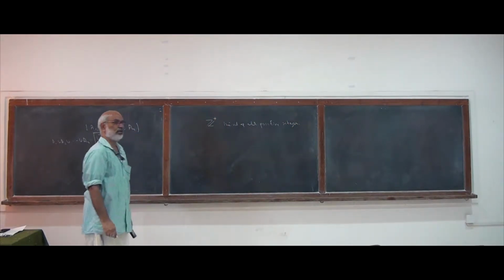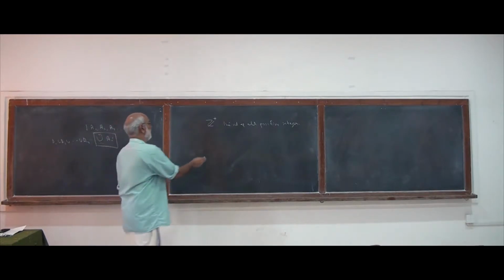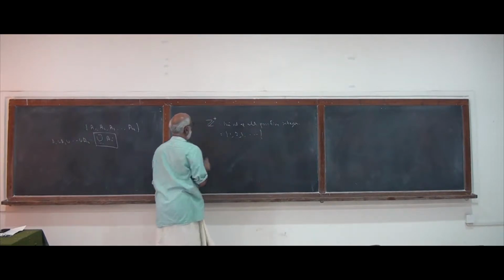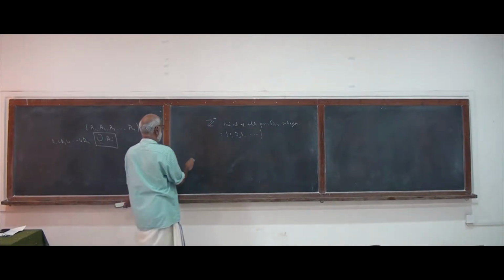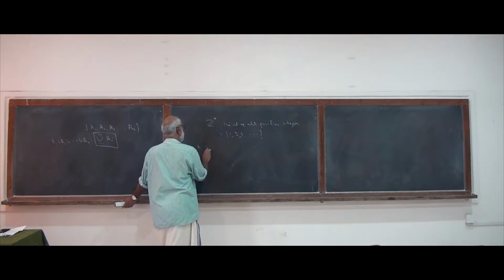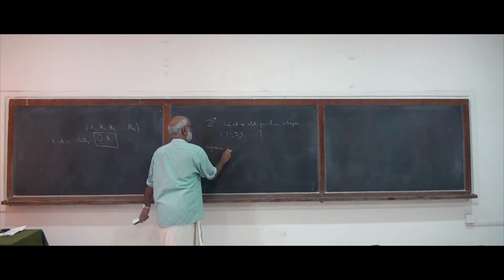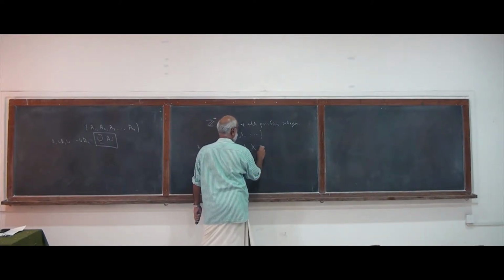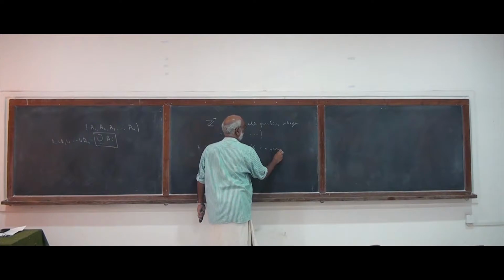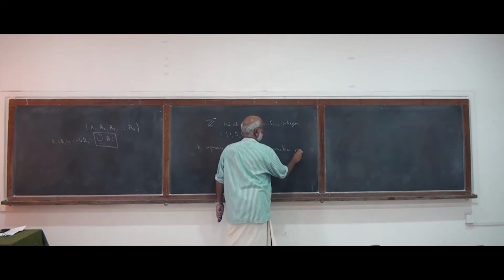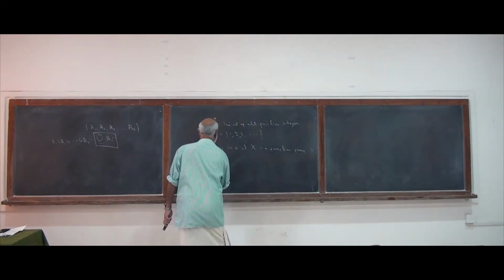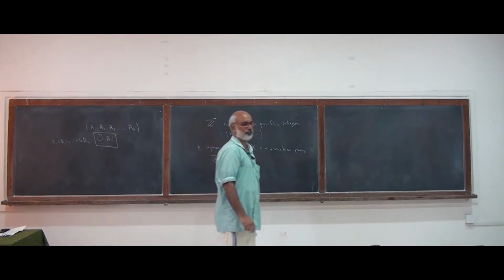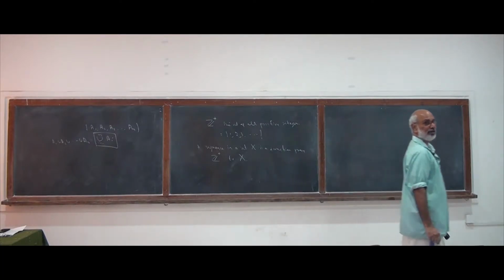Z plus denotes the set of all positive integers, that is 1, 2, 3, 4 etc. Now a sequence in a set X is a function from Z plus to X. This is a formal definition of a sequence.